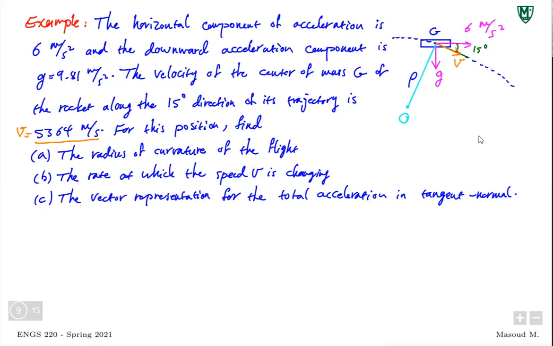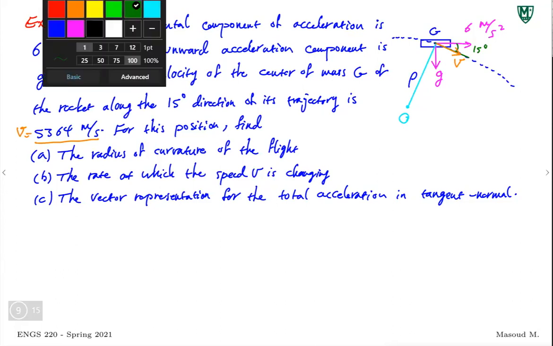So this is actually nothing but basically decomposing a bunch of vectors. Now, think about this, that you are going from Cartesian coordinate system to normal tangent coordinate system.